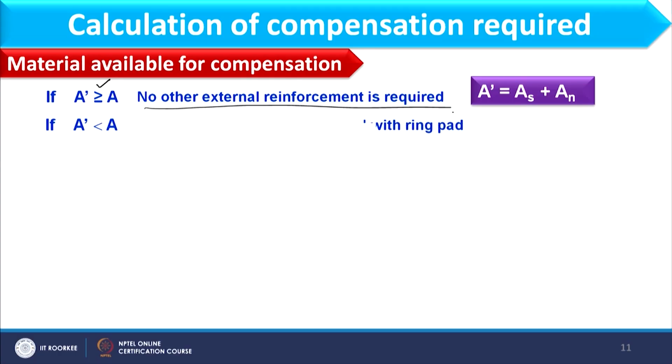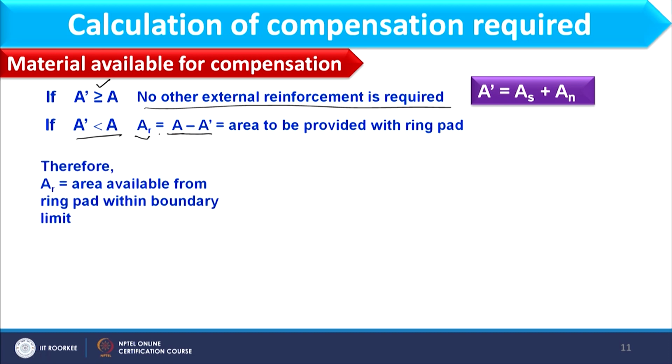Okay. However, if A dash is less than A, then AR we have to calculate, and that would be the difference of these two, A minus A dash, and that we are providing as a ring pad. So, AR is basically the area of the ring pad which I have to provide as compensation or reinforcement.